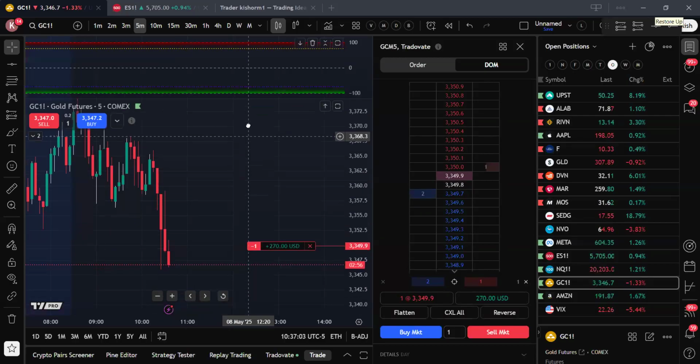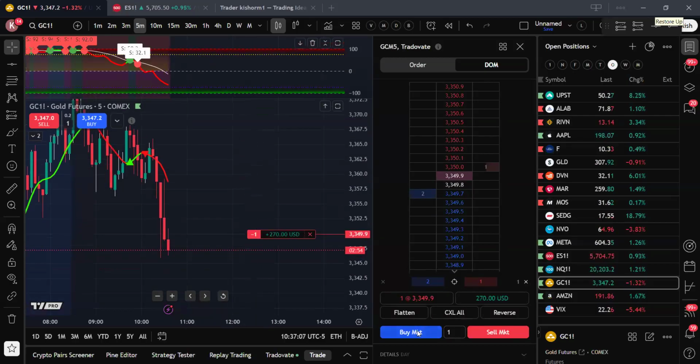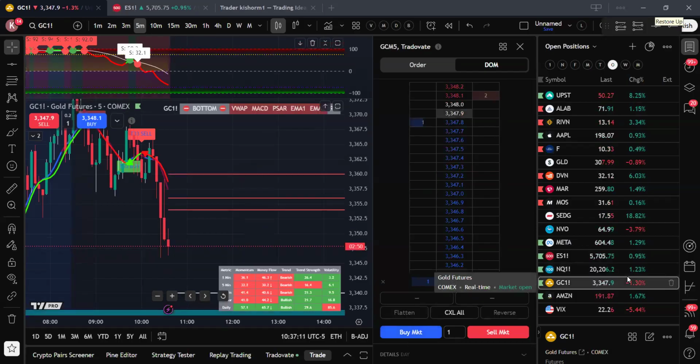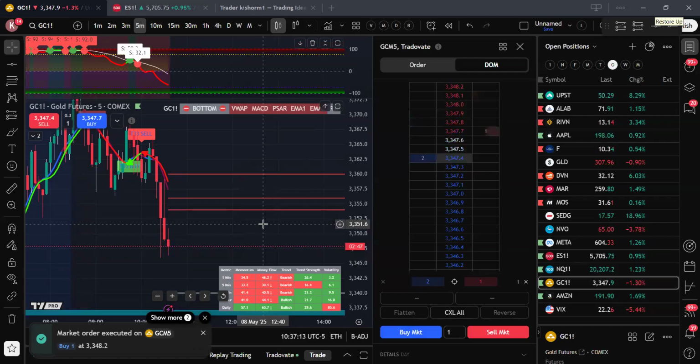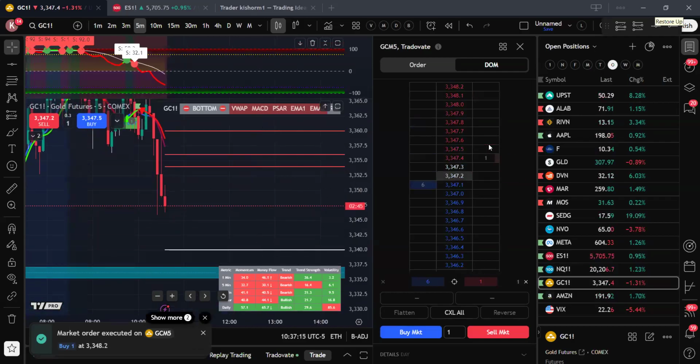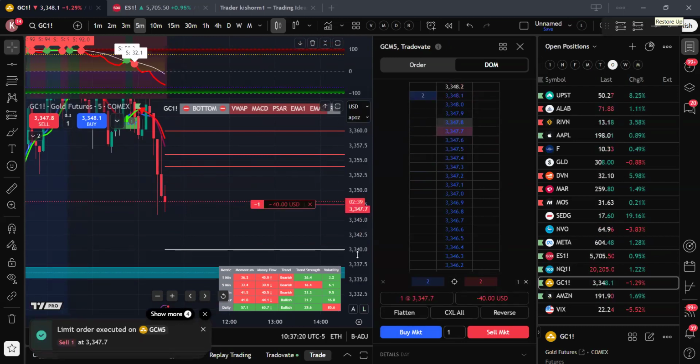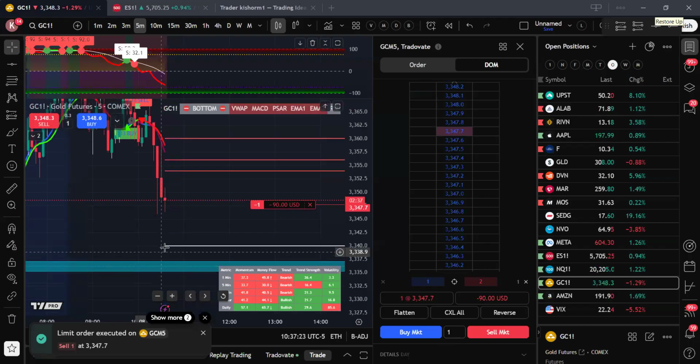Taking profit on GC one more time. Entered again. So this is our first target. If it breaks this, it will come all the way here.